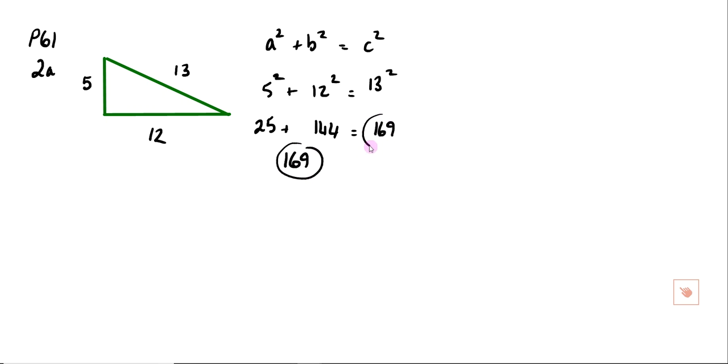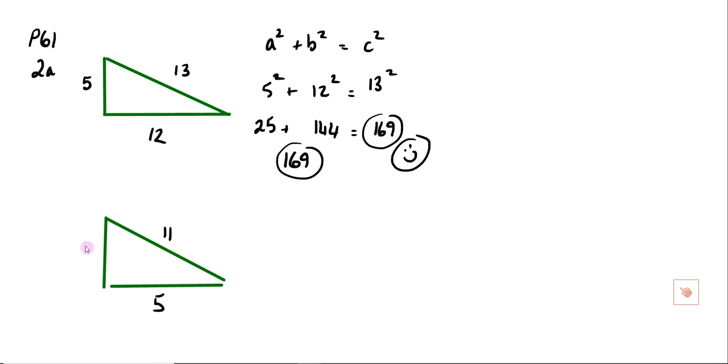169. So they match. So I'm happy. So therefore I know it is a Pythagoras theorem. If I had a different one, for instance, where I've got 11, 5 and 7, I would say, right, 7 squared plus 5 squared, does that equal 11 squared?